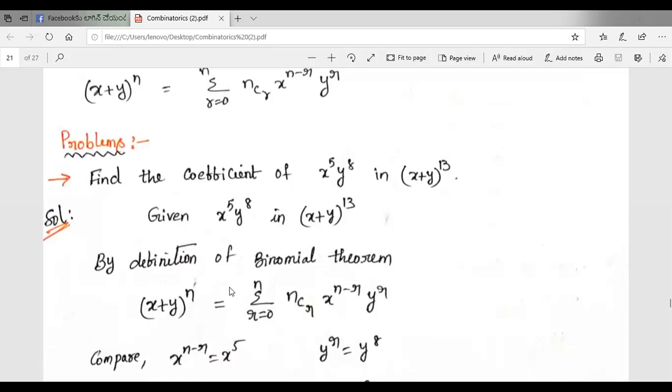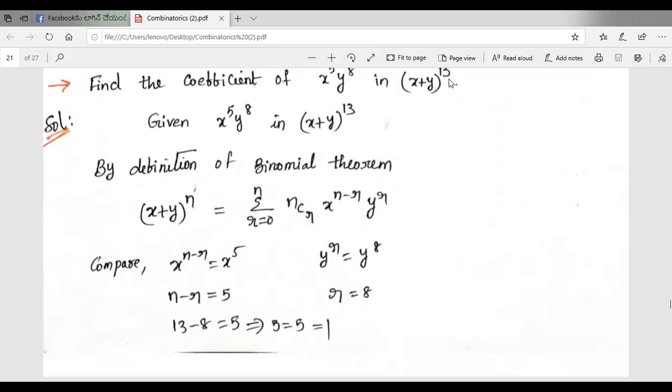So given x power 5 y power 8 in x plus y whole power 13. By definition of binomial theorem, x plus y whole power n is equal to summation r is equal to 0 to n nCr x power n minus r yr. So we compare this with statement of binomial. We get n value is 13 and y power term is r.